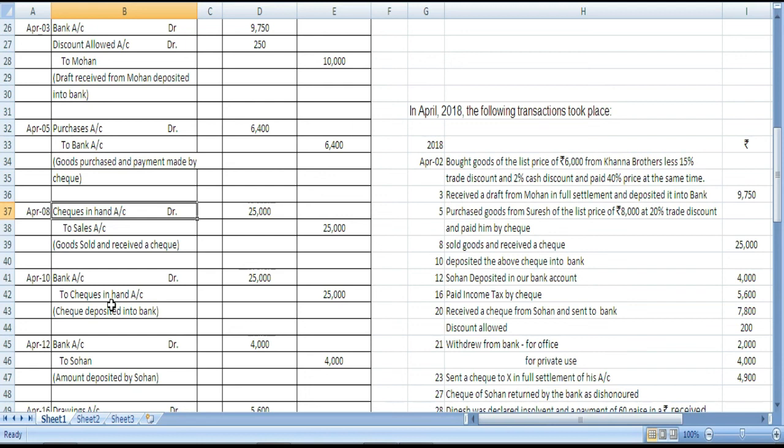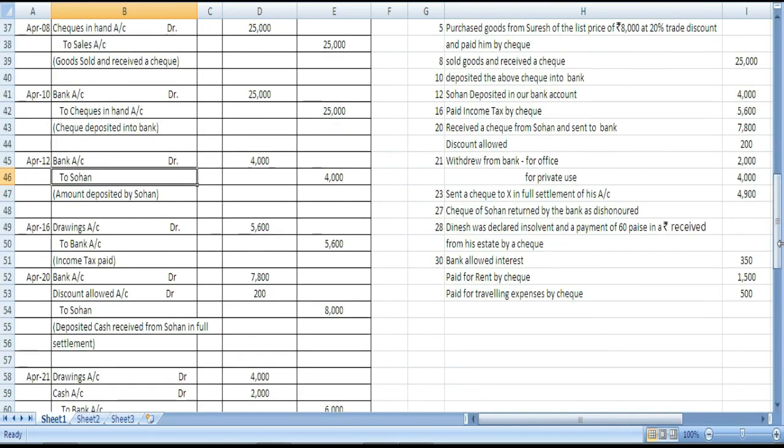But if somebody is directly depositing into the bank, like here Sohan is directly depositing in the bank, the bank is receiving and who is giving? Sohan is giving. So, we will not write checks in hand account. We will write checks in hand account only when the check is received, we keep it in the office, and then that check we deposit on another date in the bank.